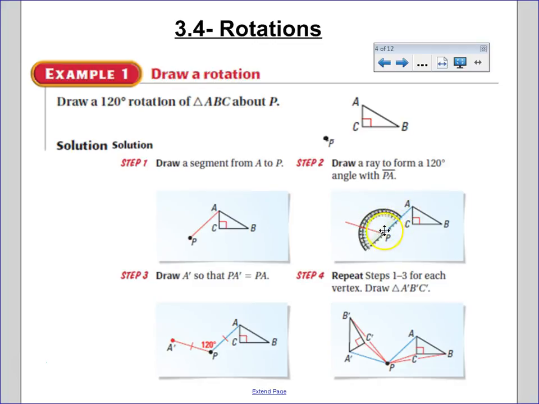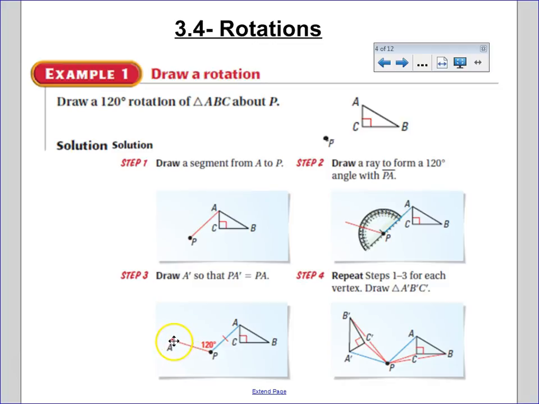So we'll create a line, 120 degrees. It doesn't matter how long the line is at this point. Just draw a line at 120 degrees. And then we'll measure the segment PA and create a congruent segment here. So here's where you would figure out if this line is too long.